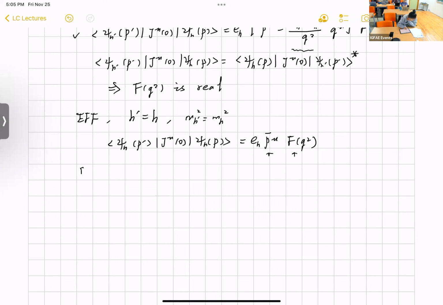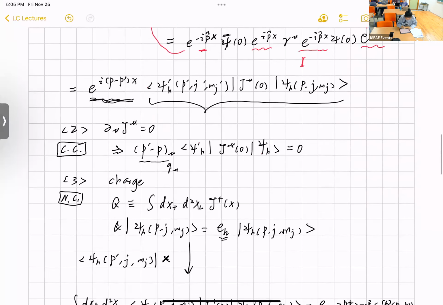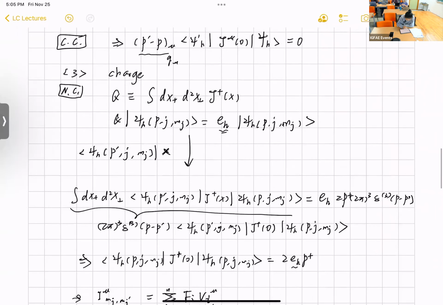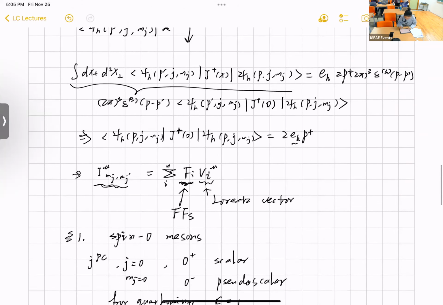And now we have also discussed the normalization condition. What this tells us is that this form factor at Q square equal to 0 should be 1. So we've just seen that. Here, the normalization condition is that you take the plus component, and it should give you 2p plus times the charge.